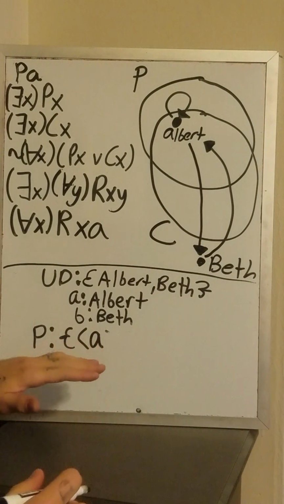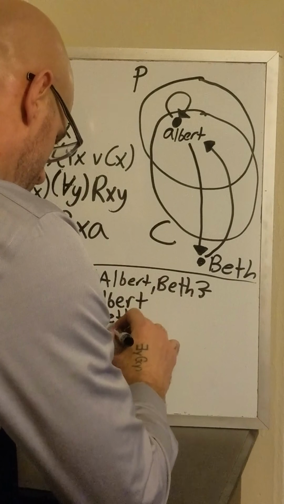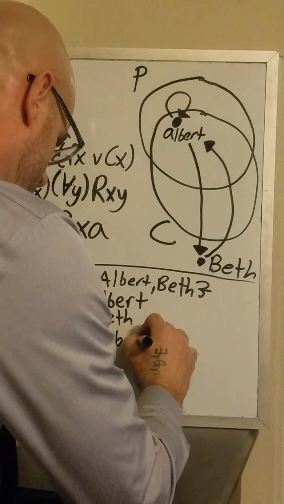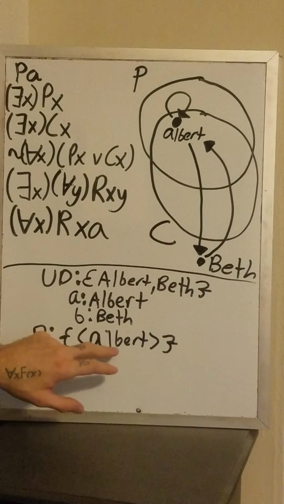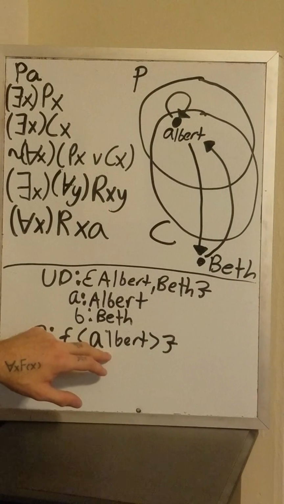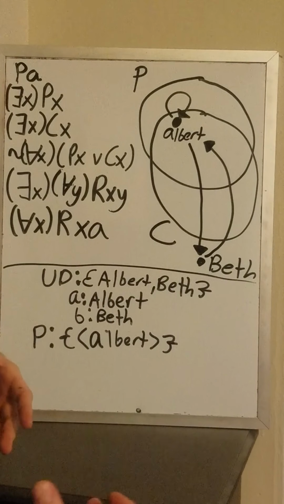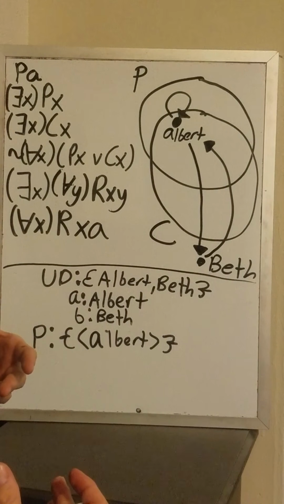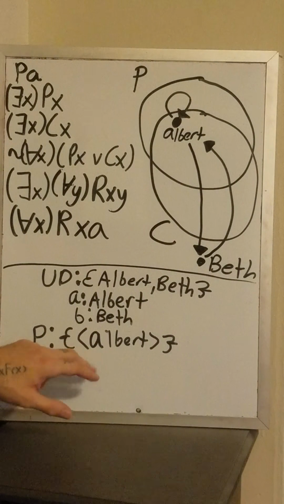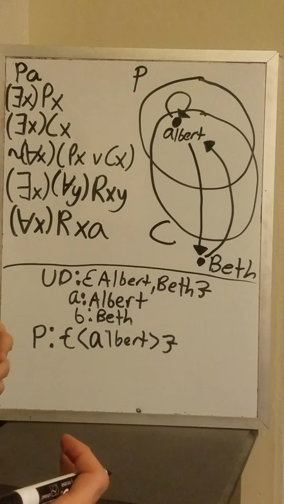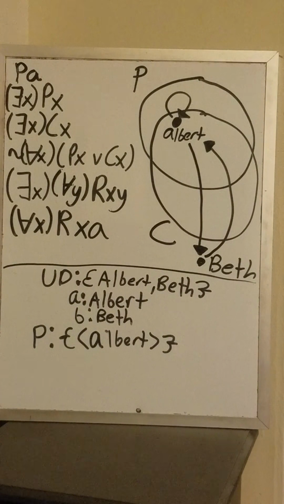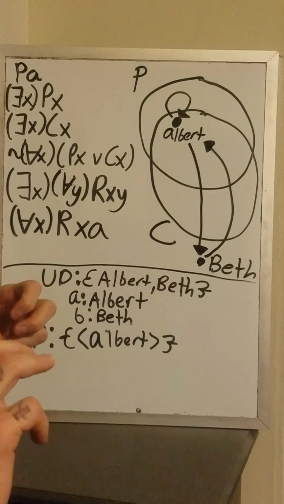That was a mistake, what I just did, because what's in the extension of P is Albert, the actual object. It's not the constant. Again, that's like the difference between saying that Casey is teaching Phil 170: it's me, this person who's talking right now, who's teaching Phil 170. It's not my name, not the word Casey.